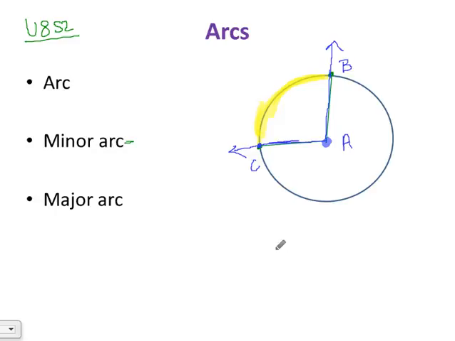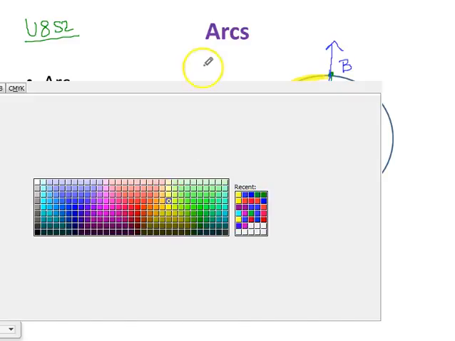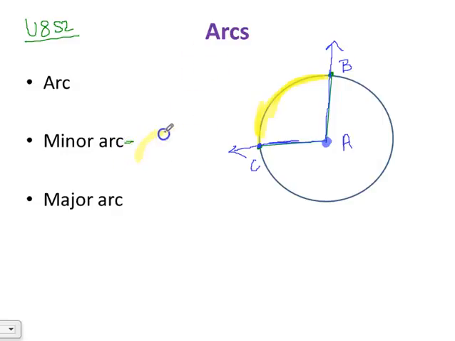And where that angle intersects our circle, it's intersecting the outside of our circle in two different arcs. Remember, an arc is an unbroken part of a circle along the outside of our circle. So a minor arc, the part labeled in yellow here, is an arc whose points are on the interior of the central angle.